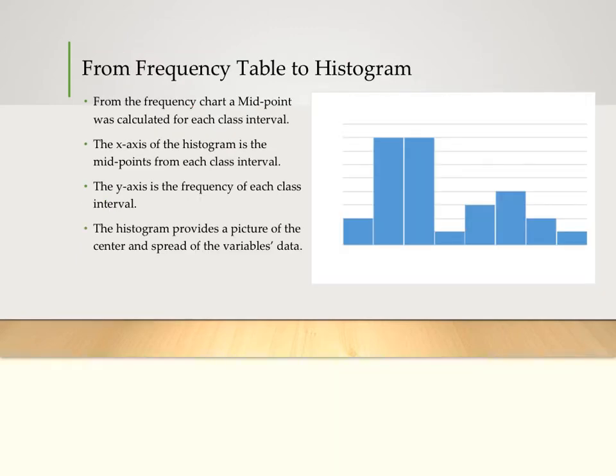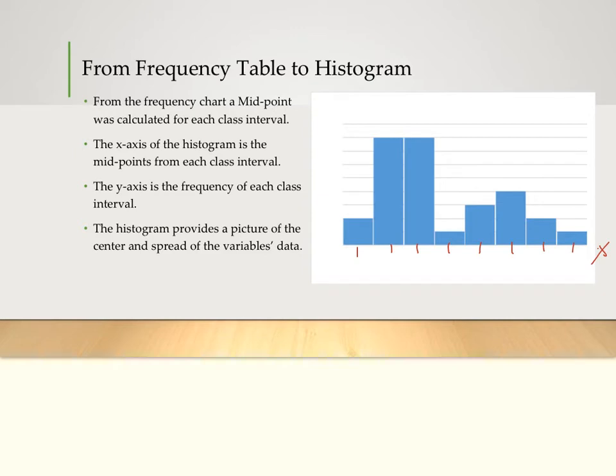So from the frequency table that we have just calculated and computed, we want to create a histogram. And this histogram doesn't have any of the scales on it, which we're going to put on. So each of these points on the x-axis is my midpoint, right?